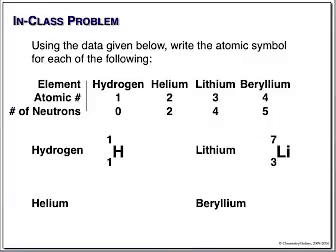Atomic number is 3. Helium. Helium is He. We've seen helium. It has 2 protons and 2 neutrons in its nucleus. Mass number of 4, atomic number of 2. Beryllium. 4 plus 5 is 9. Our symbol is Be. Atomic number is 4.